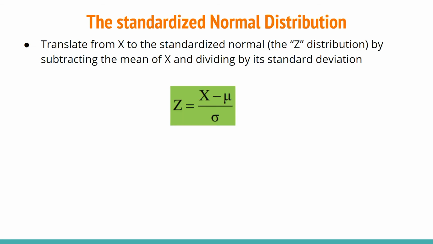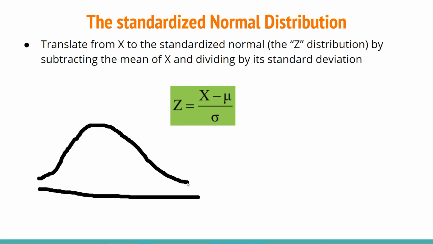Okay. Now, the standardized normal distribution. So, we come to the most awaited topic, that is known as the normal distribution. As far as the normal distribution is concerned, we talk about the normal distribution curve.